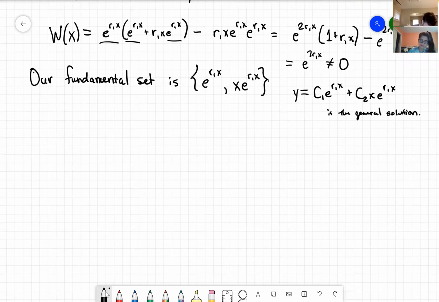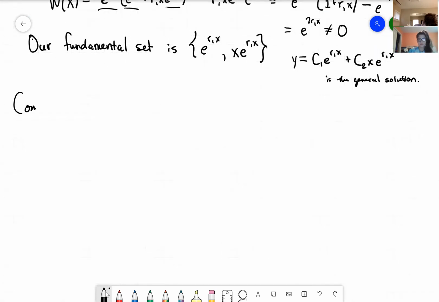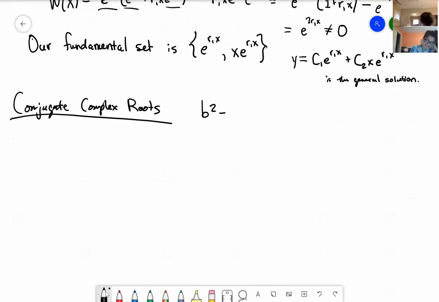We need to get to the conjugate complex roots. So we have 12 minutes left. This is the most complicated case, but it's not too bad. Okay, so this is when the discriminant is negative, and we'll have our roots as alpha plus or minus i beta, where alpha is equal to minus b over 2a.